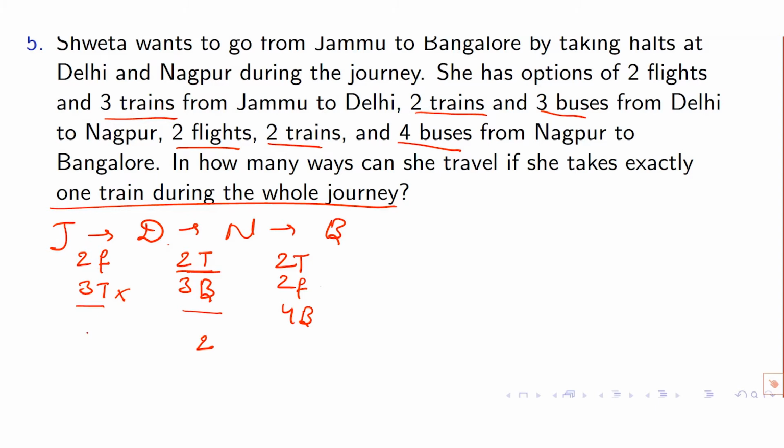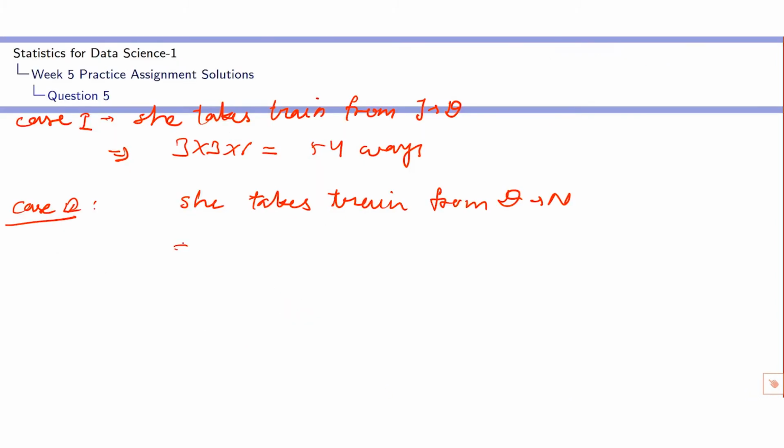Now she has options of 2 flights, and from Nagpur to Bangalore she has options of 2 flights and 4 buses. That is a total of 6 options. Now it implies that she has 2 into 2 into 6 options of journey if she takes train from Delhi to Nagpur. That is 2 into 2 into 6, which will be equal to 24 ways.